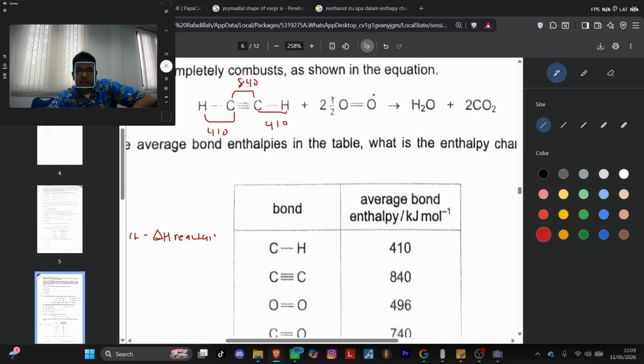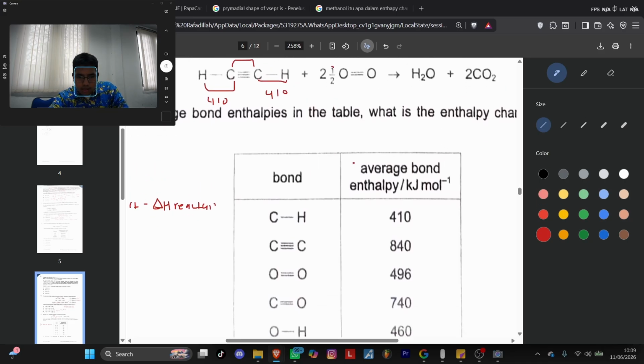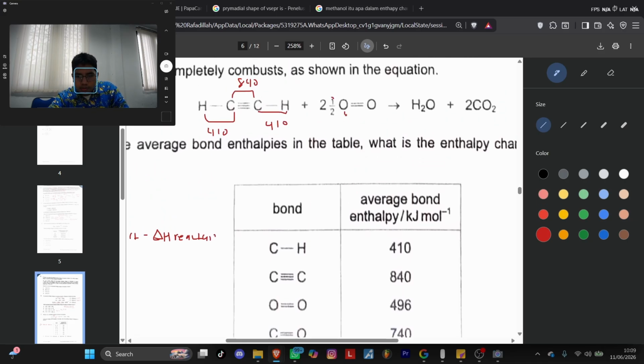We already know this one is 496, because of that this is 2 times a half, so this is 2.5.